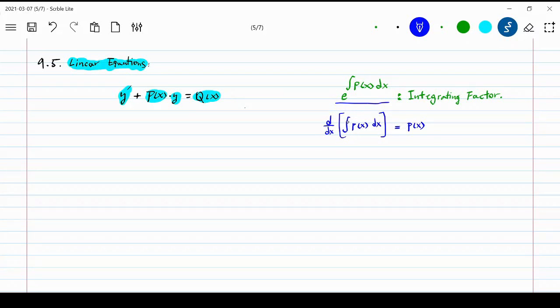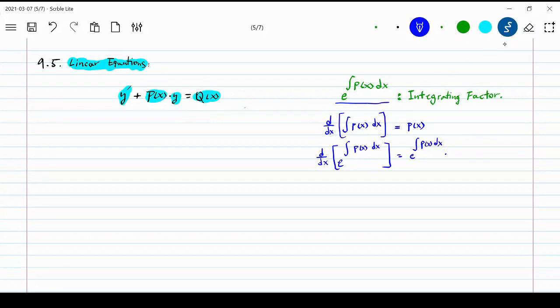So if you integrate, then take a derivative, you should get the same function inside. Then what if we have e to the power integral of p of x dx? What is the derivative of this term? If you're dealing with an exponential function, the derivative would be e to the power of that exponent, the same, multiplied by the chain rule, the derivative of the exponent.